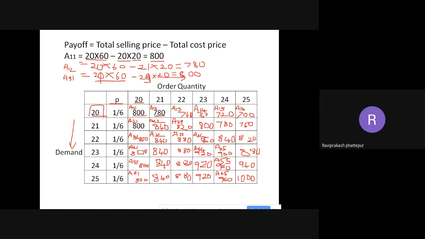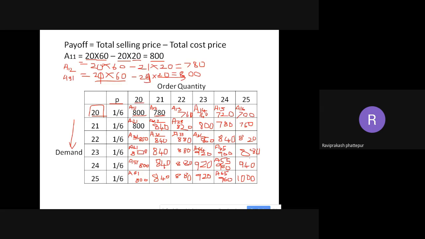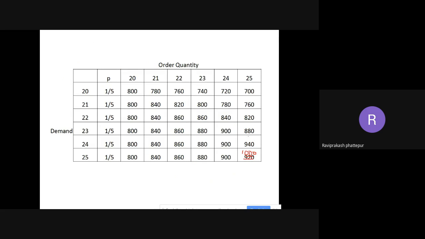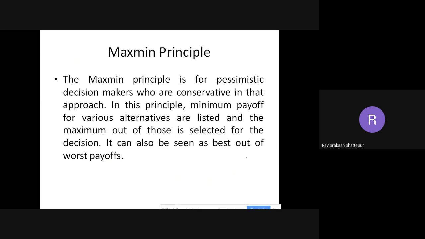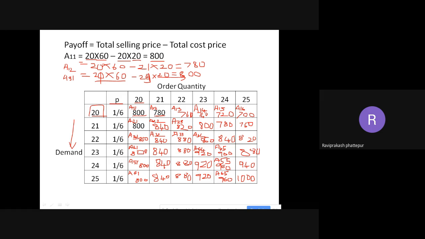Any doubts here, any difficulties? I think I have made some mistake here. There should be 1000. Okay, 940. No, it's correct, 948 it is. Here there was a difficulty with one number, and here 960. It should be 960. While typing I might have made the mistake. Fine. That's why we have done the whole thing here.